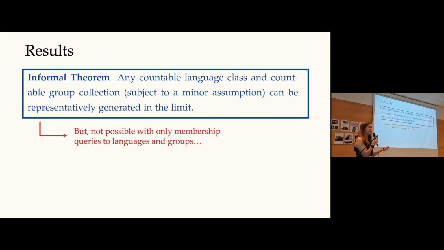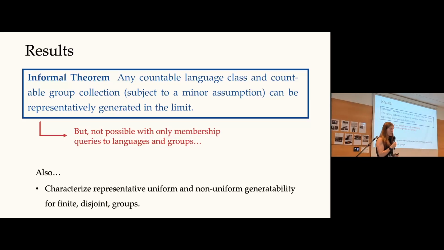However, akin to the non-uniform generation we talked about earlier, whereas standard generation in the limit can be achieved with only a simple membership query oracle, you can't do this for representative generation, even if you allow oracle queries to the members of groups as well. You really need a stronger oracle that considers how the languages and the groups intersect, and whether that intersection is finite or infinite.